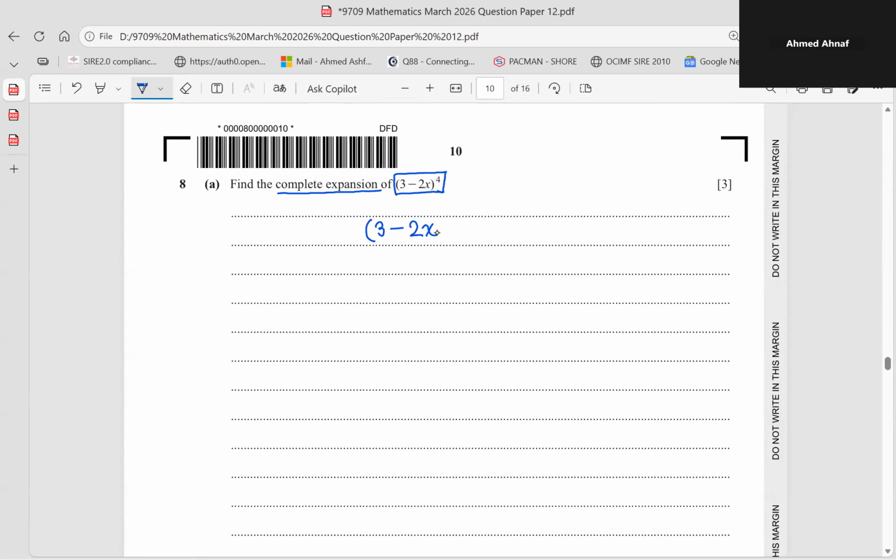All right, so let's get started with our expansion. So a to the power of n. So a is 3 and n is 4. So it's 3 to the power of 4 plus n is 4.